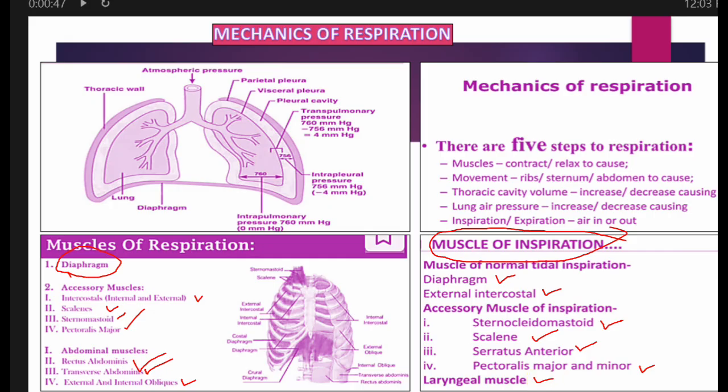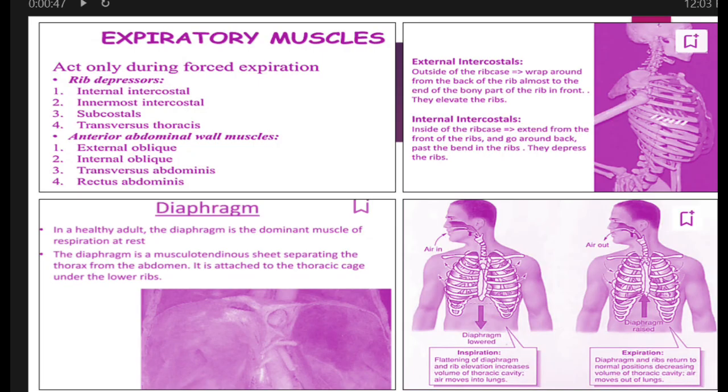Going forward. The muscles of expiration include the internal intercostal muscle.